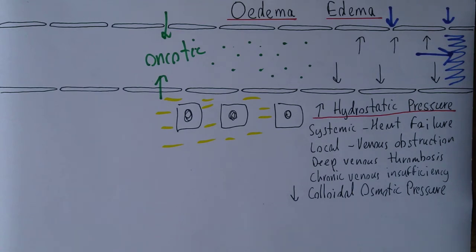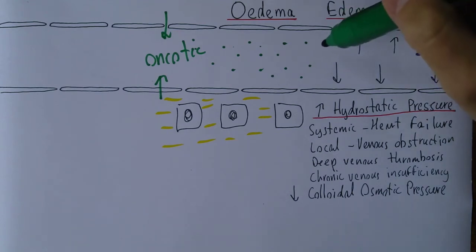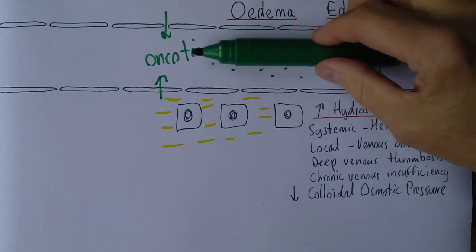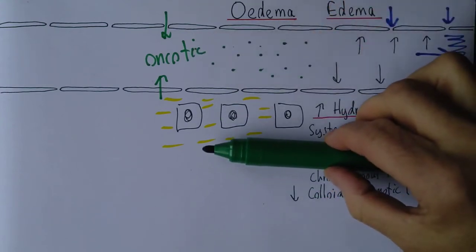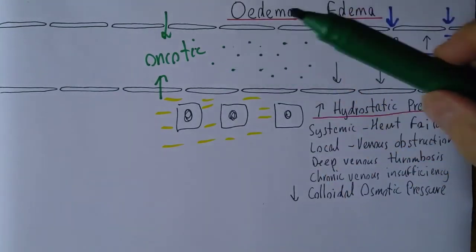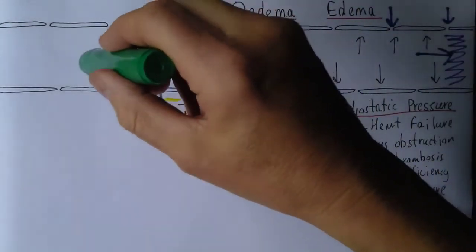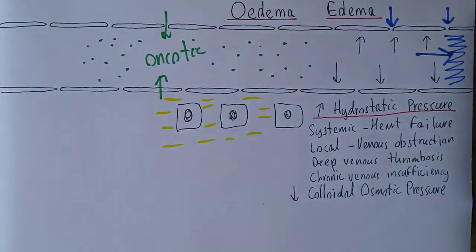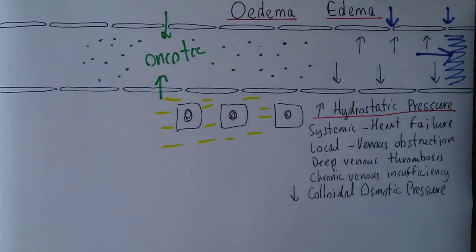So the difference between the osmotic molecules in the intravascular compartment and in the interstitial compartment is that in the intravascular compartment we have more plasma proteins. Albumin is the main one. There's also the globulins, the immune proteins, the fibrinogen. But these are generating this osmotic suction effect. The oncotic pressure is that generated particularly by the large molecules.